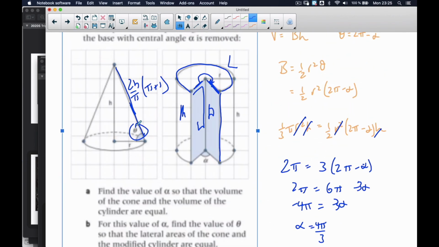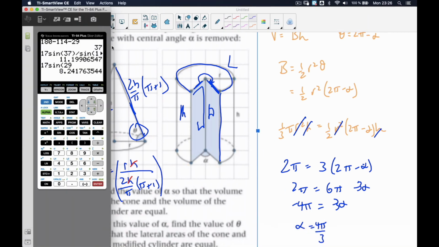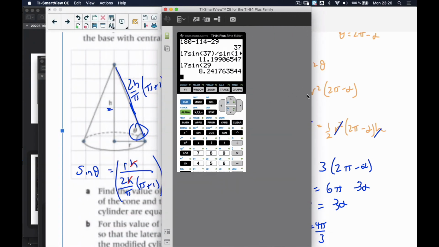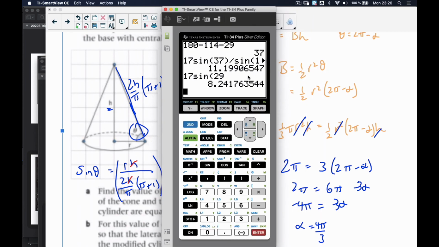Okay, and so then if I'm trying to find theta, well, sine of theta is equal to, here's an h and here's an h, so it's going to be equal to h over (2h over pi times (pi plus 1)). And so these h's cancel away. And so there's a 1 on top here. And if I put this into my calculator now, I can make it a bit bigger. Okay.